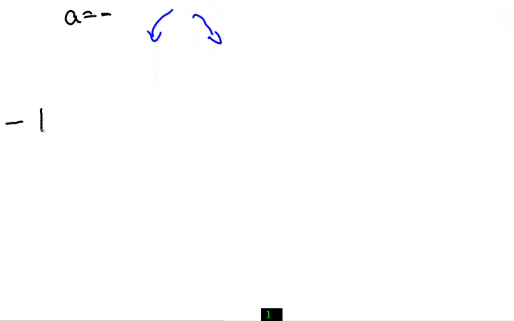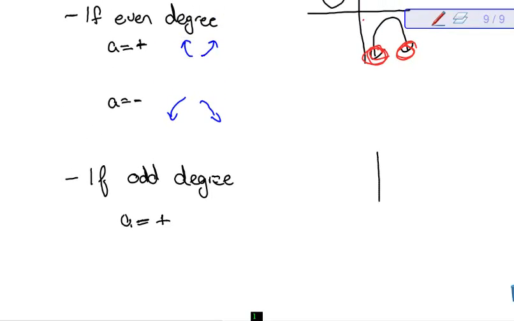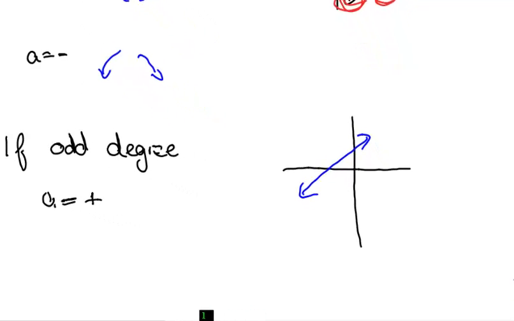If we have an odd degree, okay, this is like our 1, 3, 5, 7, and a is positive. Think about what happens with a line. Think about slope here. If we have a positive slope, it's going this way, right?